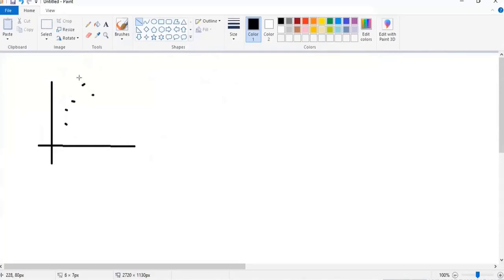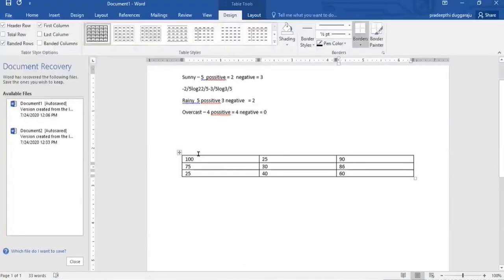Let's suppose these are all the points, and I have split my data like this, like this, and like this. After splitting, it will send the values as 125.